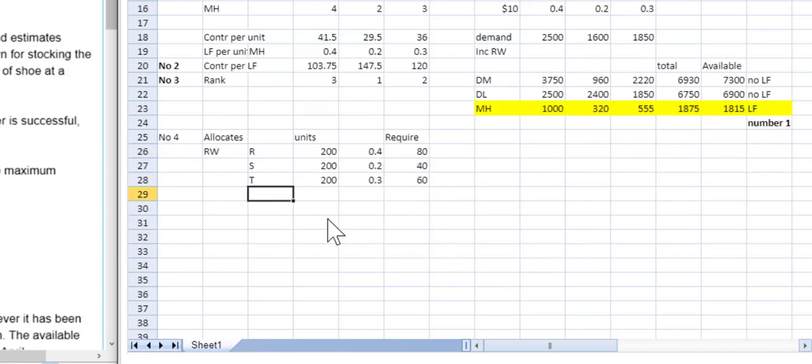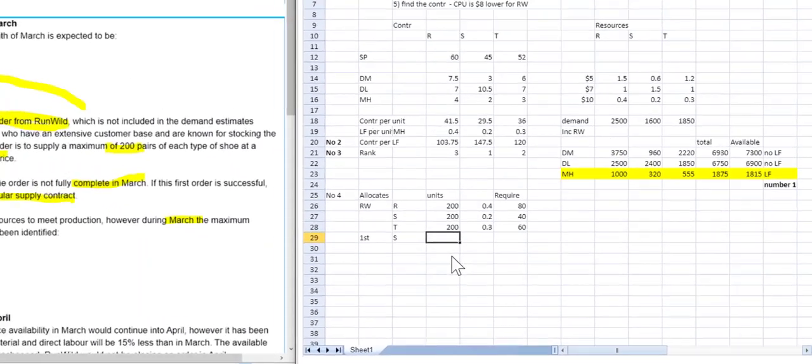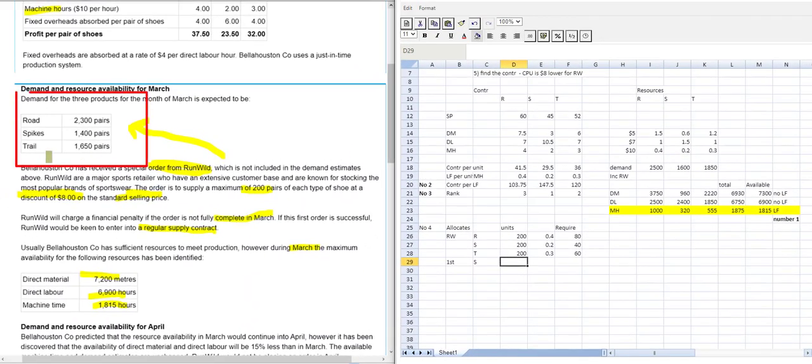then we're going to do it in rank order. So the first rank is spikes. And spikes require a demand other than the 200 of 1400, you see over here. So 1400. And then trail, which is number 2.